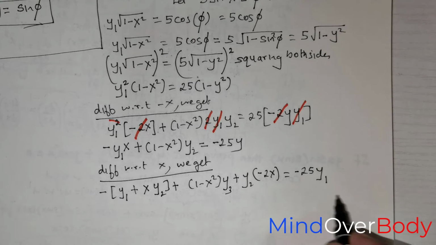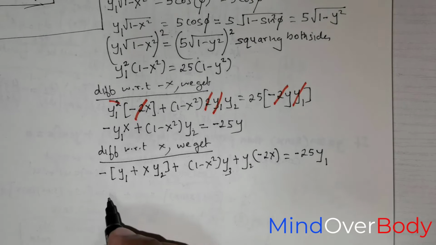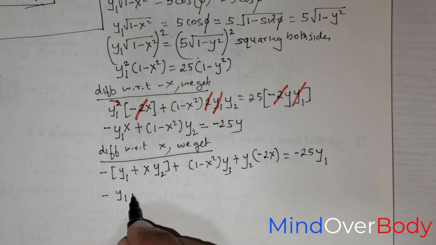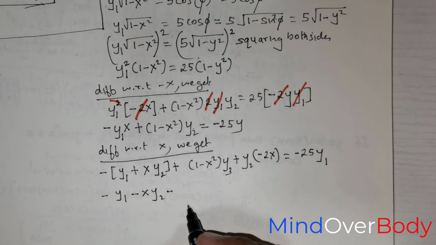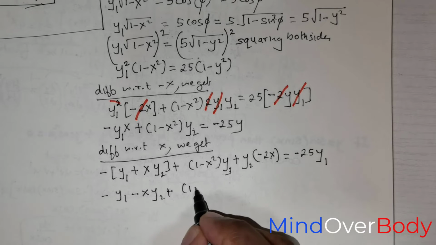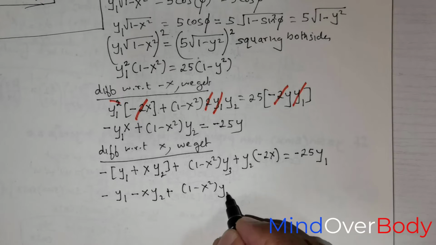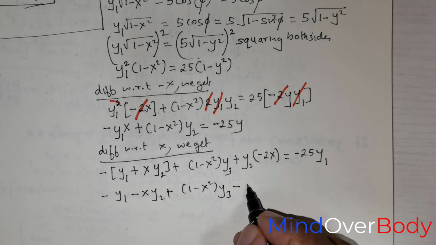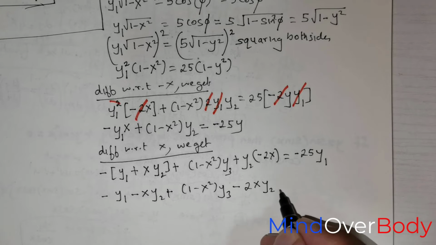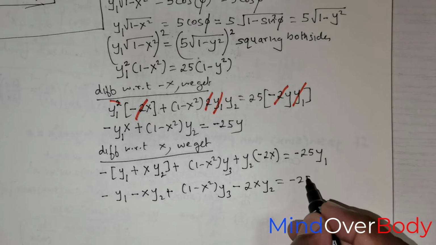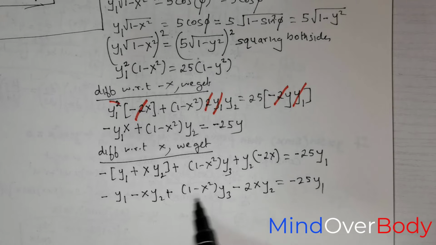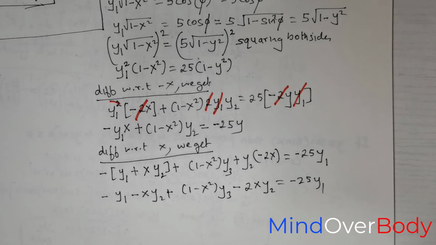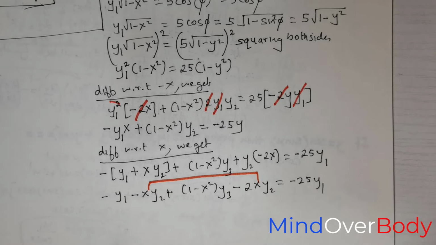So let us expand it and check out if anything can be cancelled. So this is going to be negative y1, negative x times y2, and positive 1 minus x squared y3, and this is negative 2 times x and y2, is equal to negative 25 times y1. Now negative 2 times x y2 and negative x y2, these two can be combined.